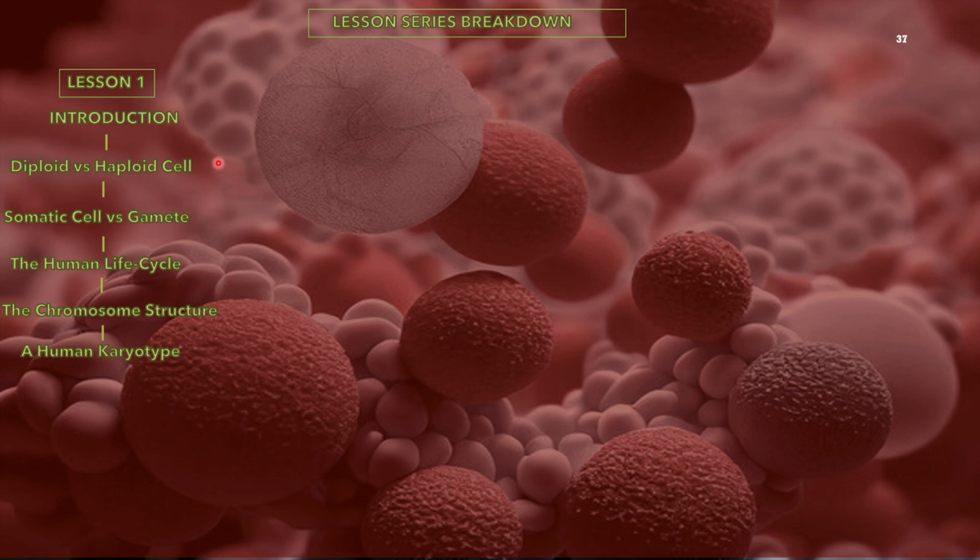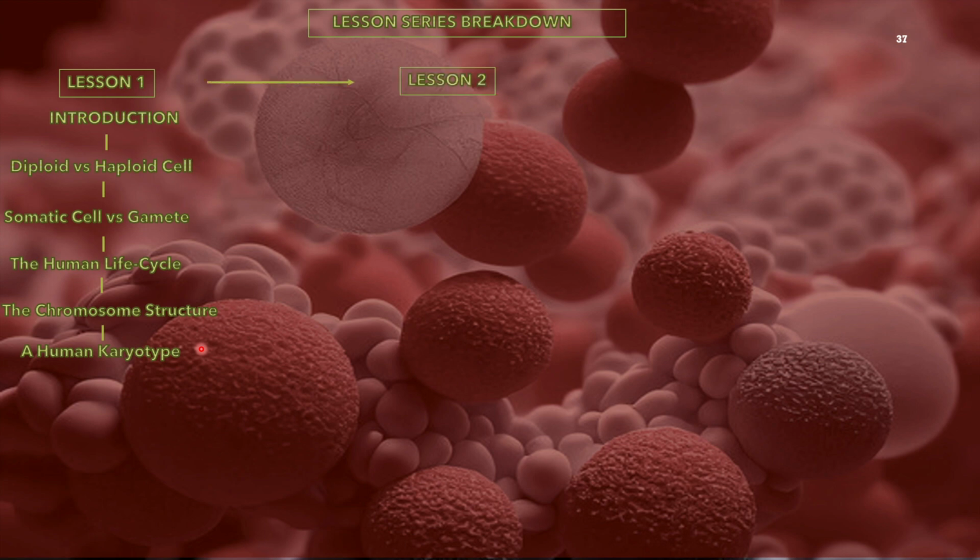We looked at what a diploid cell is versus what a haploid cell is. We looked at somatic cells and how they differ from gametes. We looked at the human life cycle, the chromosome structure, as well as the karyotype. It was a long lesson, but it was necessary for us to understand these preliminary concepts before we delve into the other lessons of meiosis.